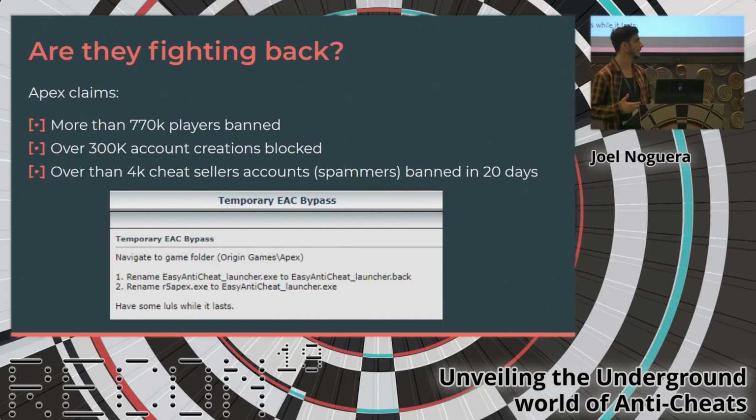And it's okay, it's a huge number, but 3 weeks after Apex was released, for example, someone, accidentally I believe, disabled the heartbeat from the anti-cheat. After that, people just renaming the executable of the game could bypass the whole anti-cheat and play without the anti-cheat even running. So it's quite curious that all this effort is being made to protect the games and then some mistake like this happens.